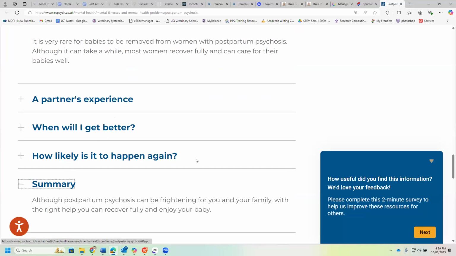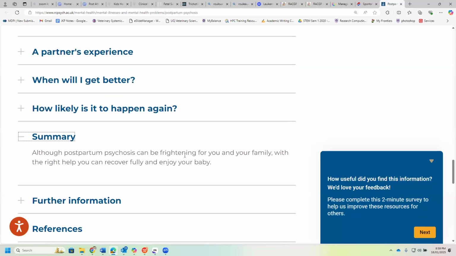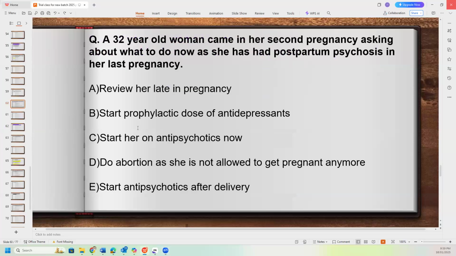It doesn't mean that every patient with a history of psychosis should be started on antipsychotics. Is it clear, guys? Now try to answer the question. What will you do? Review her in late pregnancy, start prophylactic antidepressants, start the antipsychotics now, start antipsychotics after delivery, or she is not allowed to get pregnant anymore.